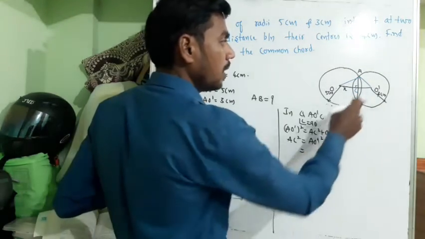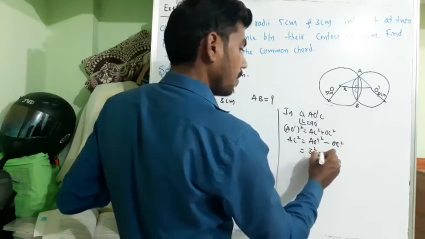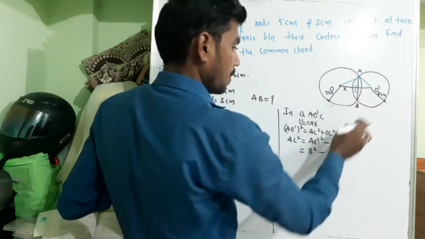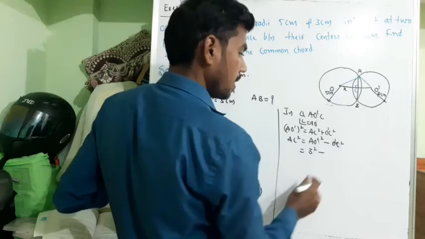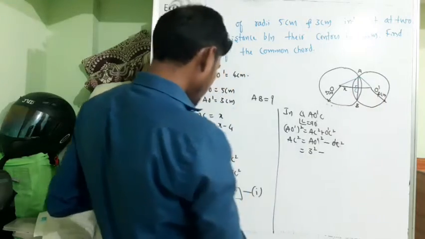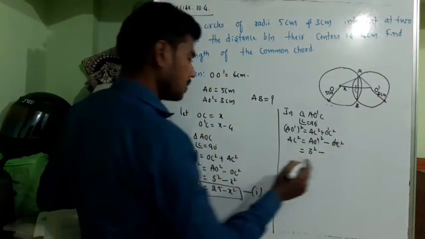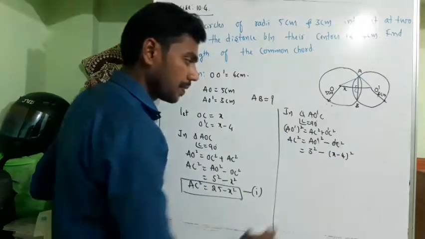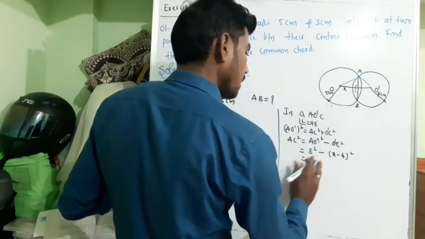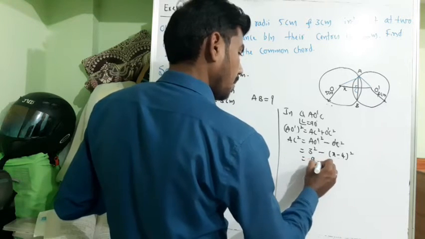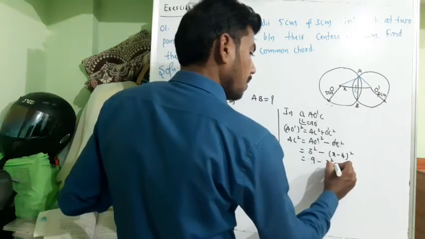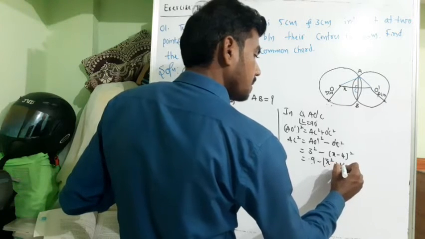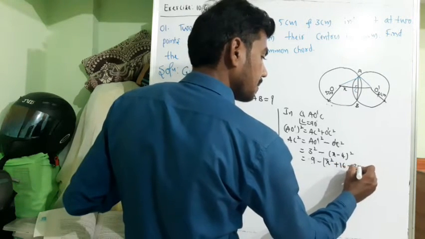What is AO dash square? That is 3 square, minus O dash C square, which will be X minus 4 whole square. So 3 square is nothing but 9, minus X square plus 16 minus 8X.